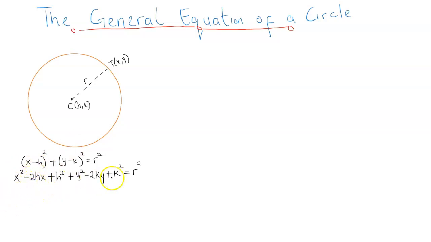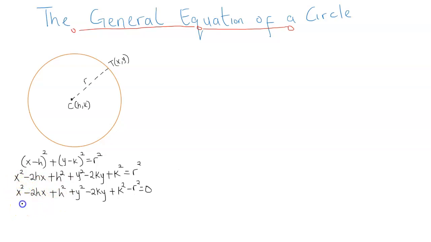Next, I want to make all of these equal to 0. So that would give x squared minus 2hx plus h squared plus y squared minus 2ky plus k squared minus r squared equal to 0. Now I want to do a little bit of rearranging here.